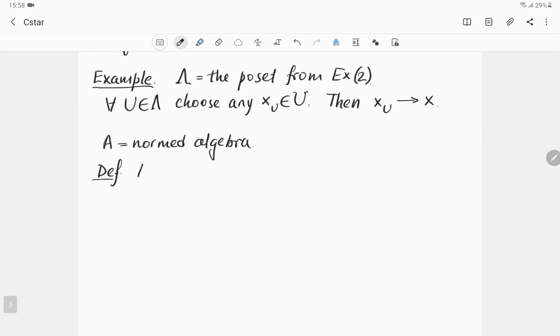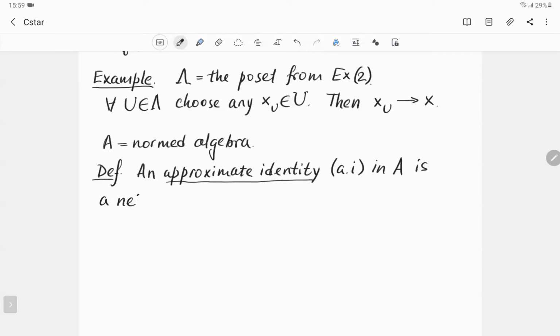By definition, an approximate identity, AI for short, in A is a net E lambda in A such that for each element A in our algebra, the net A E lambda converges to A, and E lambda A converges to A.